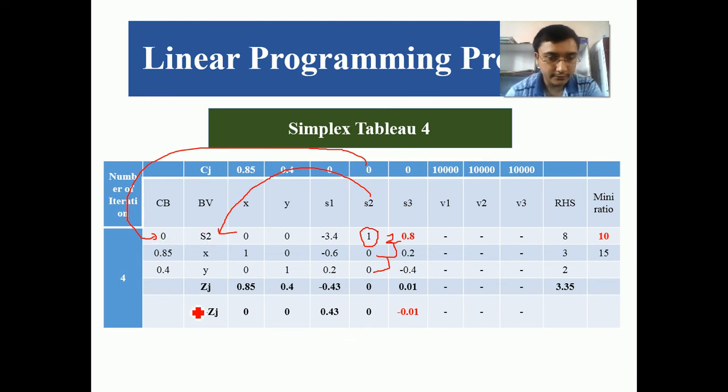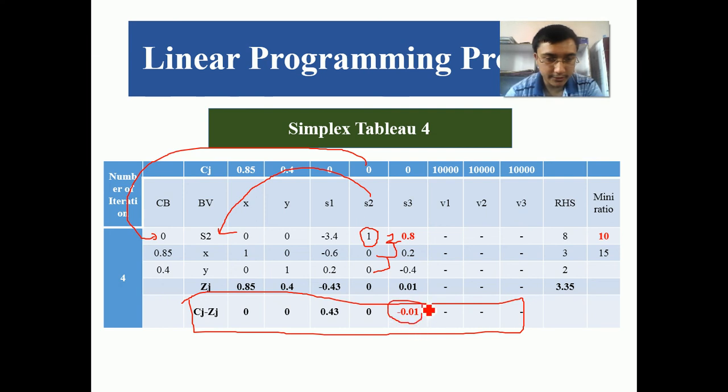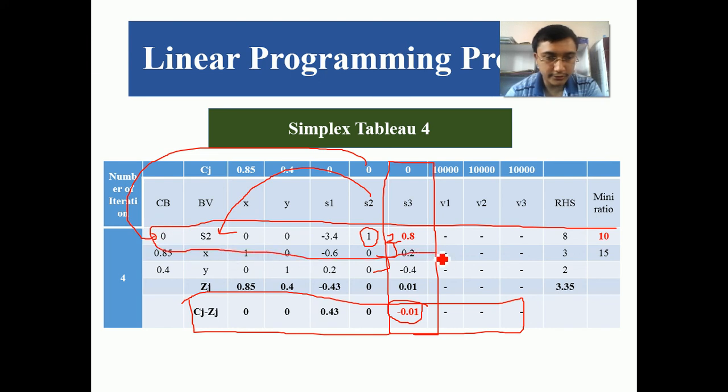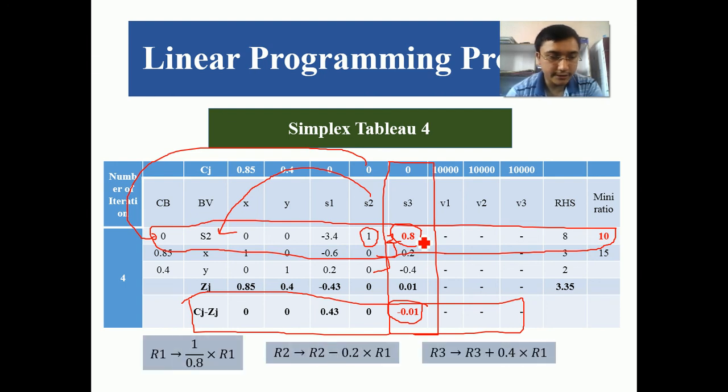And again we will see the last row and the least negative number determines the pivot column, and similarly the mini ratio is calculated and the least mini ratio determines the pivot row, and the pivot element is obtained at 0.8, and we'll make this 1, that is R1 tends to 1 by 0.8 times R1, so this is 1, and with the help of this we'll make these two 0.